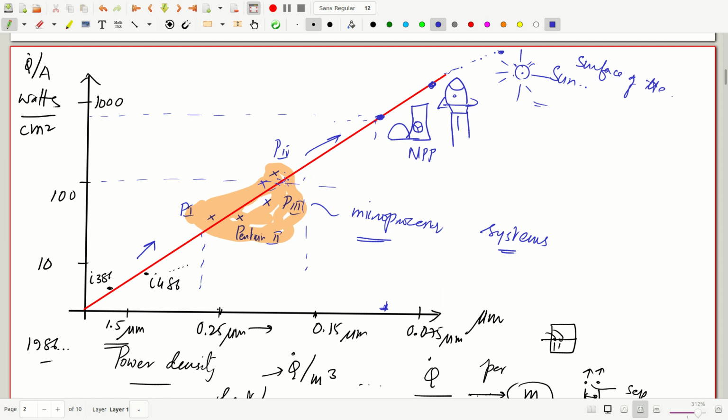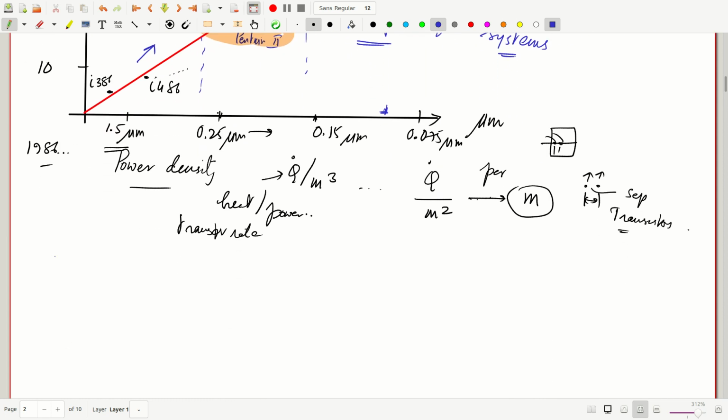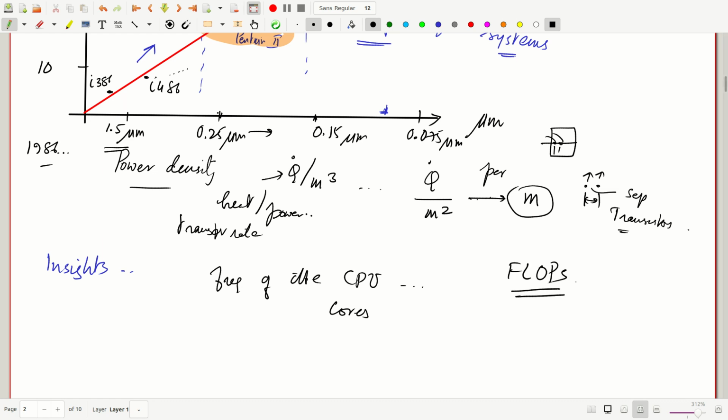All right. So that is some kind of motivation for the study, and we can also get some more insights into the evolution of parallel computers by looking at the frequency of the CPUs, or the cores, as well as the number of floating point operations that the processors can perform.